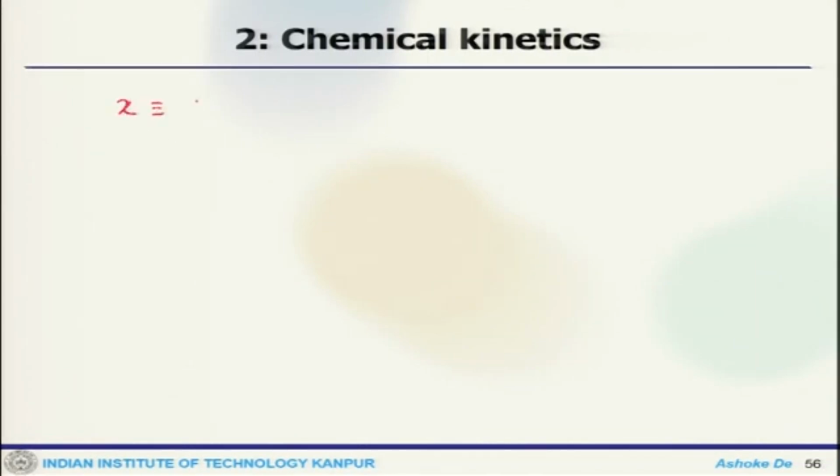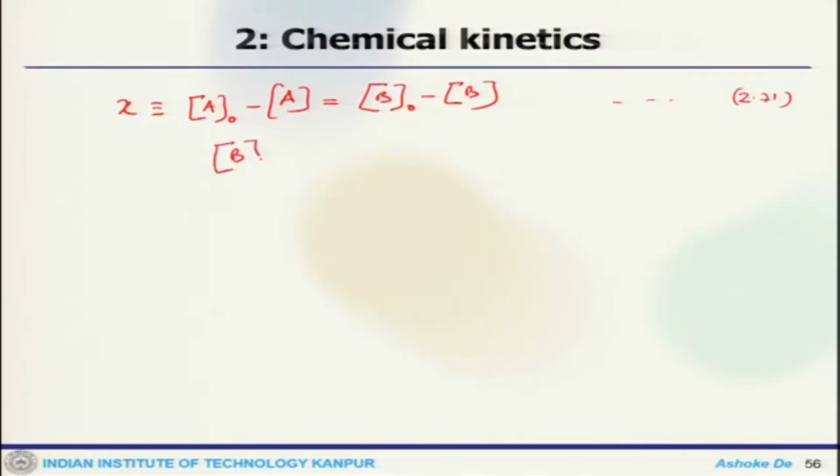Now you define A naught, and there should be a corresponding change in B, which will let you have B equals A plus B naught minus A naught.